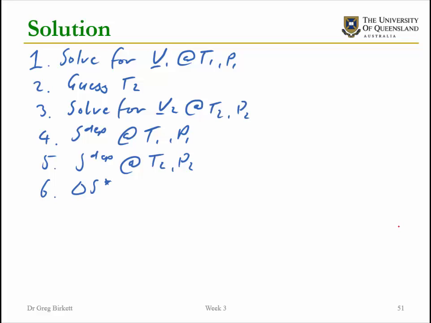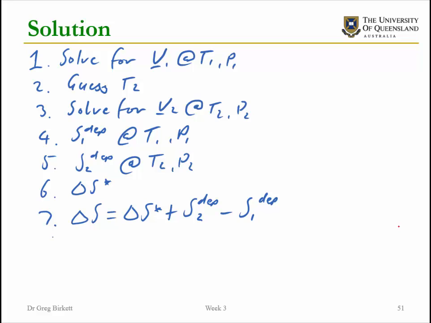Now that I know the temperature, I can calculate the temperature contribution to the change, and then I can sum these together. So my delta S is equal to delta S star plus my departure at the outlet conditions minus my departure at the inlet conditions. This is 1, this is 2 here.